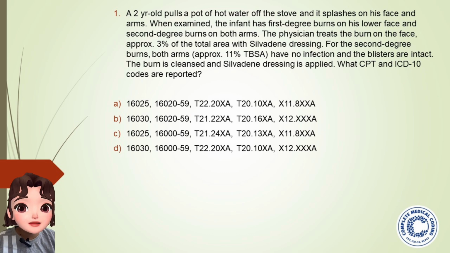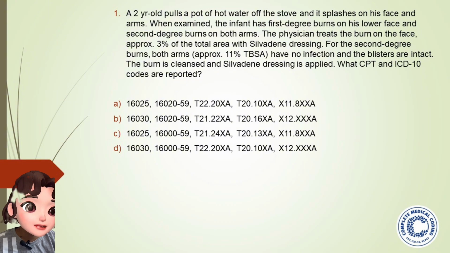The other two, XX, are placeholders, and A represents the initial encounter. What is the description? Contact with other hot tap water. Here tap water is not mentioned. Here it is mentioned a pot of hot water only. But this code represents contact with hot tap water. So this code will not be there.